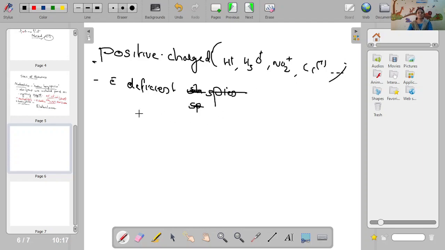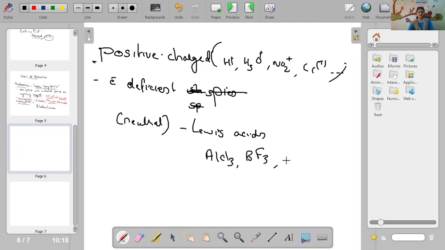For electron deficient or neutral electrophiles, neutral electrophiles are Lewis acids. You know what Lewis acids are. For neutral electrophiles, you can have Lewis acids like AlCl3, BF3, which we have studied, ZnCl2, etc. Then sulfur trioxide also can be written.